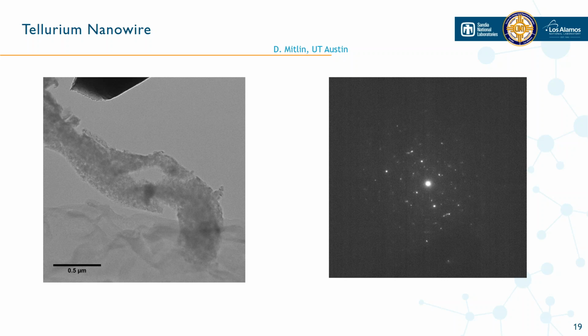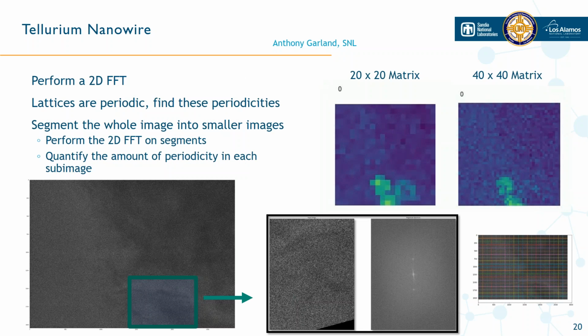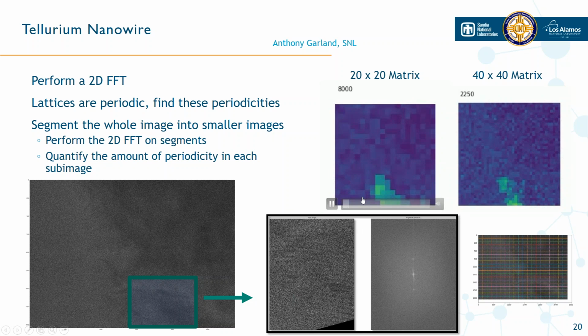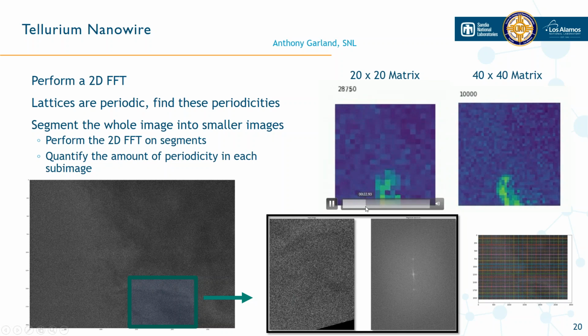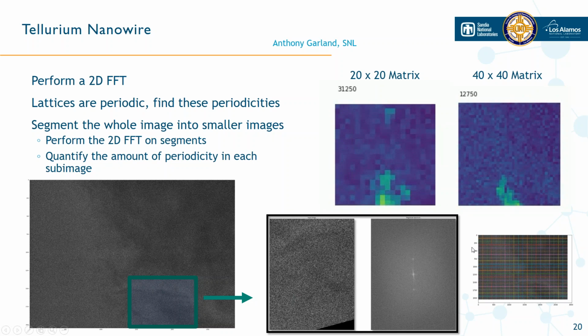So next slide. What the K3IS can actually do is you can use Python scripting to look at what's happening in these videos. What has been done here by a postdoc at Sandia is to perform sectioning of the video.